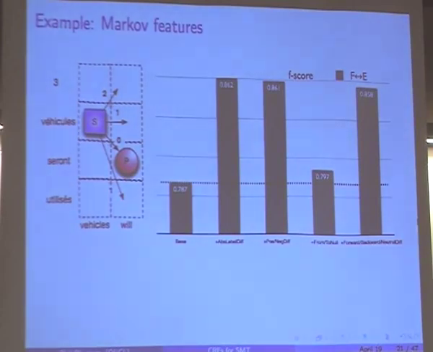The advantage of these models is we can try quite a few features based on this sort of idea. In these results we have a base model which uses no Markov features, and it gets a certain F-score, alignment F-score. If we add a feature which is the absolute label difference, which essentially is this feature I've described here, we get a big increase in performance.